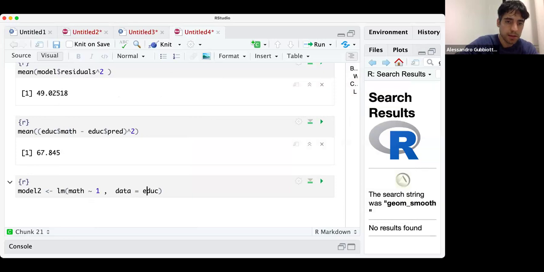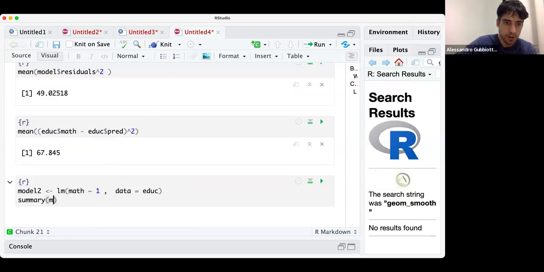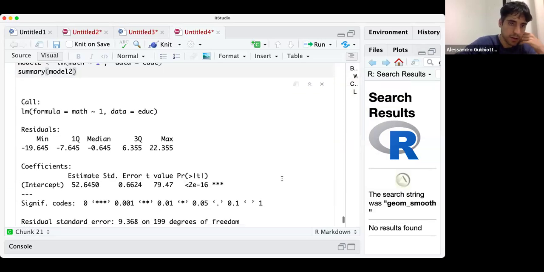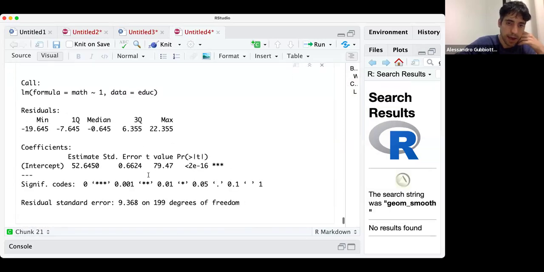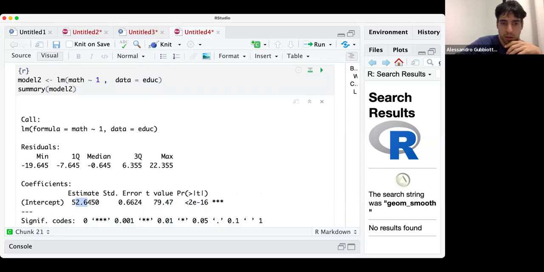We can do the same stuff. Well, let me summarize. Summary of model 2. This now has only the intercept because you don't have the x variable. Well, what are the coefficients? 52.